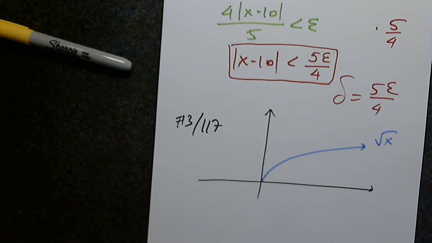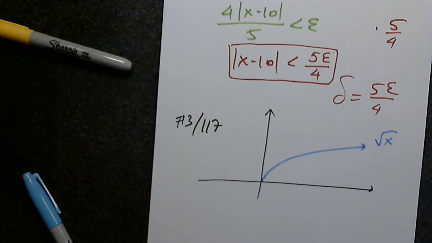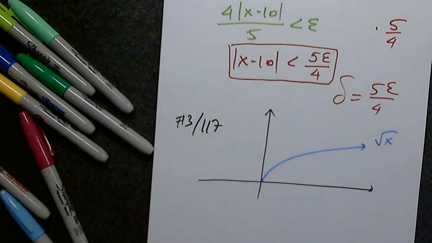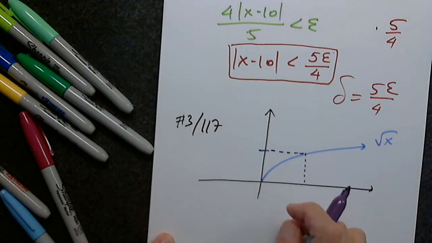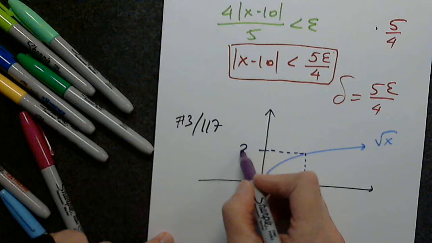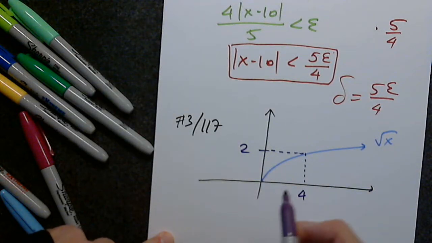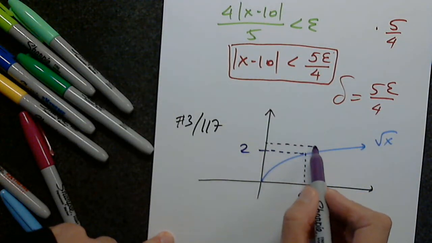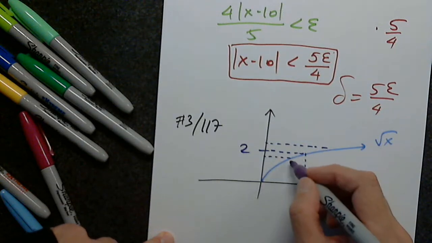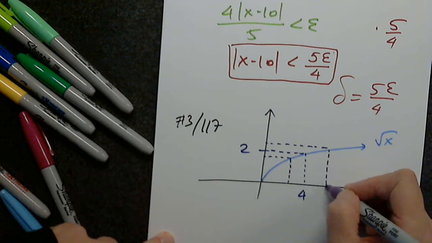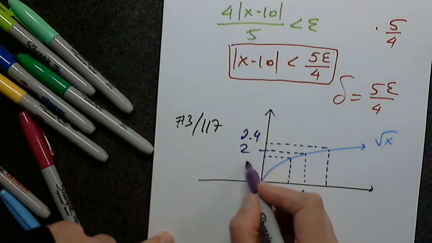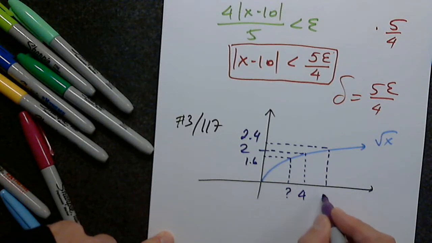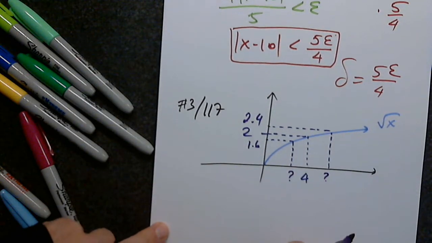And they are giving us 2, of course, and 4. This point is 2.4. This point is 1.6. And they want us to determine the corresponding delta.